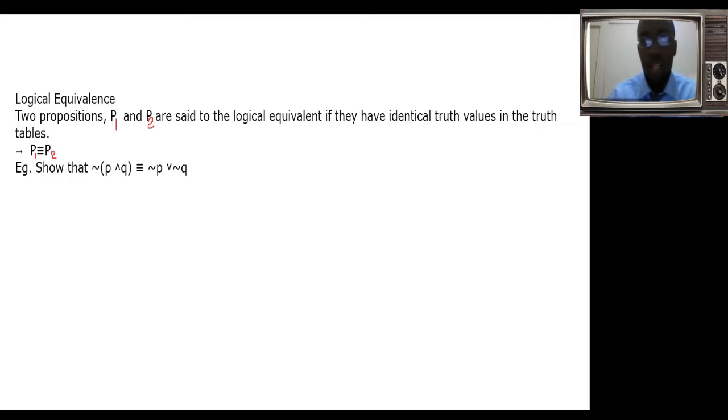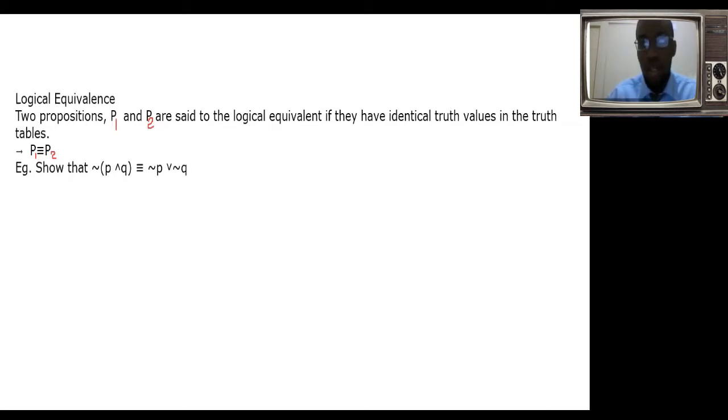So here is an example. It says, show that the negation of P and Q is logically equivalent to not P or not Q. The only way that we can show this right now is using the truth table.